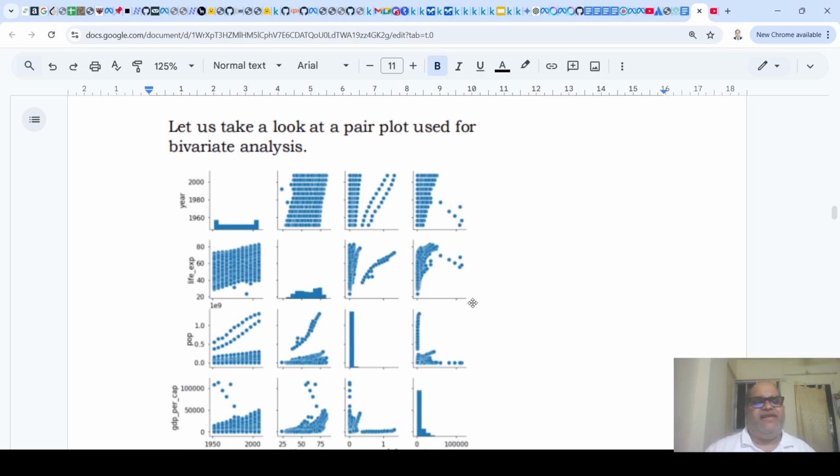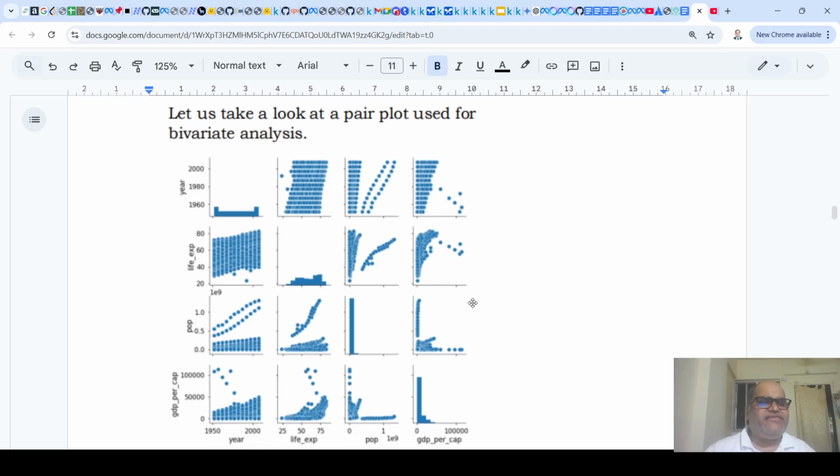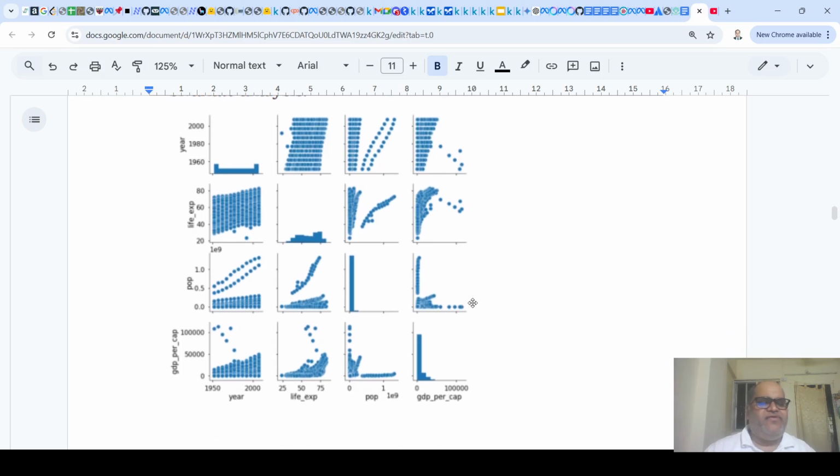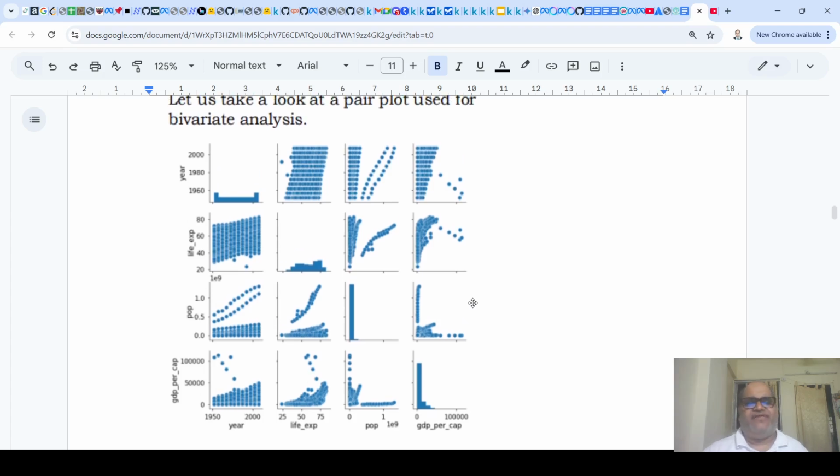So here basically what you are doing is looking at two variables in one go, and then you see whether there is some trend or not. If you see, for example, some of these data sets are evenly spread.